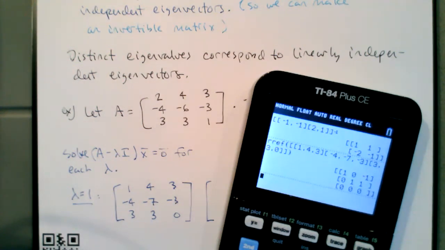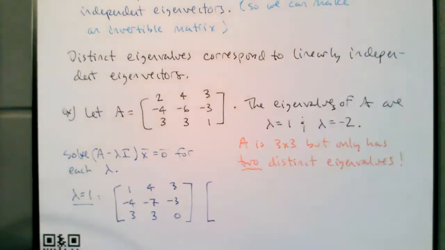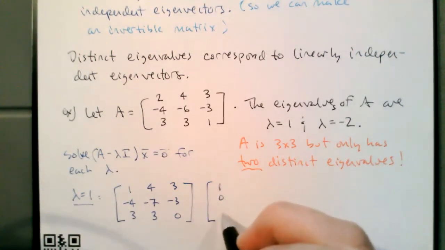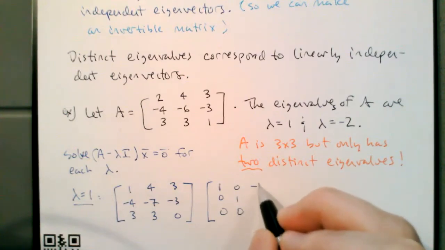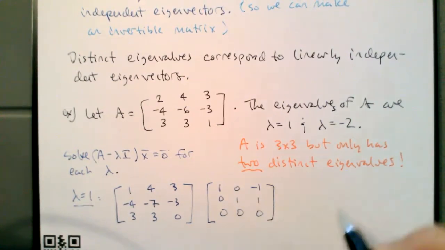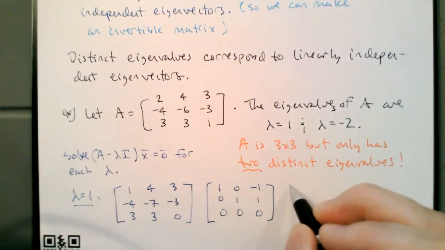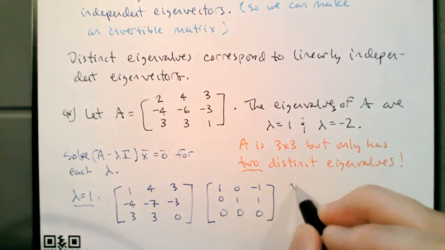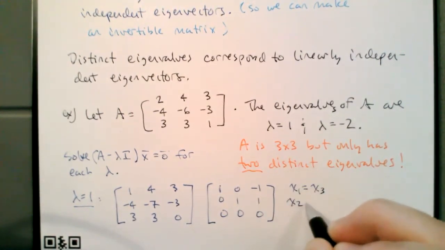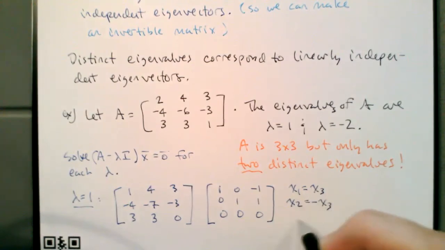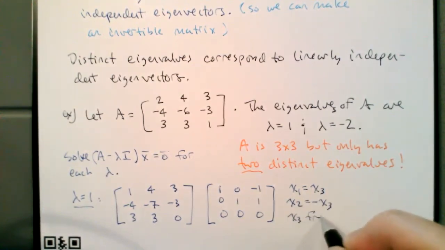I got x1 and x2 are both going to be in terms of x3. So I got 1, 0, 1, 0, 0, 0, 1, 0, negative 1, 1, 0. So x1 is going to be equal to x3. x2 will be equal to -1 times x3, and x3 is free.